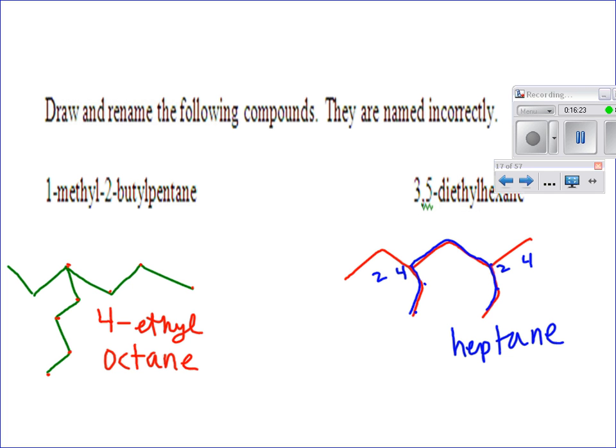Oh, 3 and 5. Math is hard. So 3 and 5. There's going to be one that's going to be better. We're going to go alphabetically because if we have the option, we're going to put the lowest alphabet on the lower number. Okay, so it's going to be what? 3-ethyl, 5-methyl. Y'all get that?